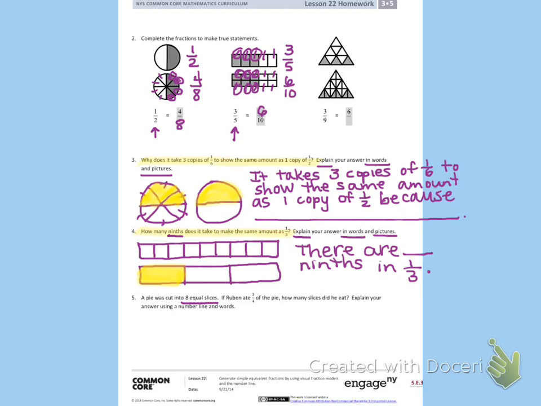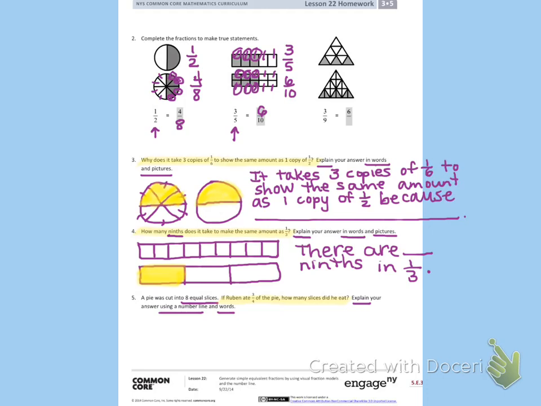And I will highlight if Reuben ate 3/4 of the pie, how many slices did he eat? I will underline explain using a number line and words.